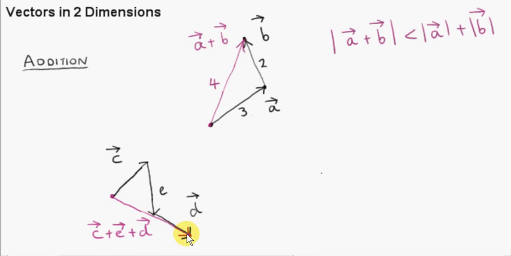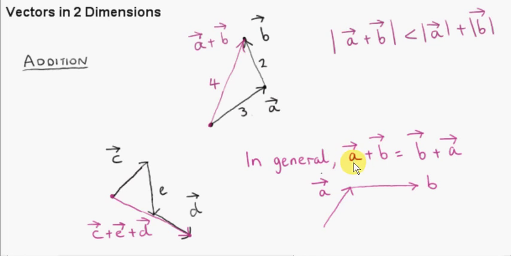We'll end up with the same resultant. And this is true for more than 3 vectors, or any number of vectors. So in general, vector addition is commutative. The order of addition does not matter.